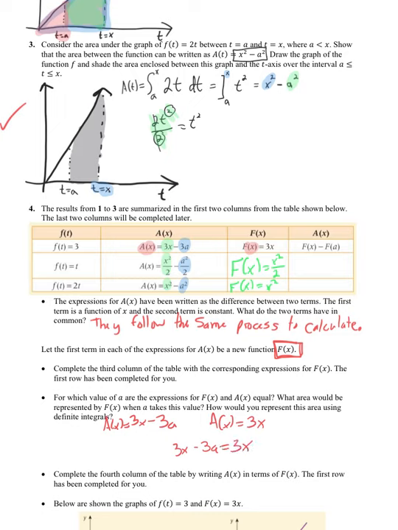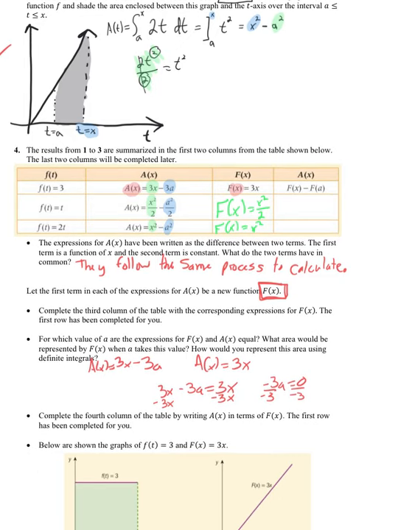What does a have to equal? What happens if I subtract 3x from both sides? What's 3x minus 3x? 0. What's 0 divided by negative 3? 0. So what does a equal to get us to just 3x? A equals 0.